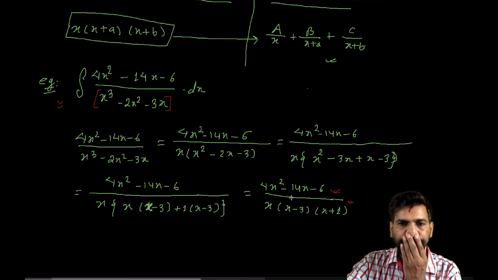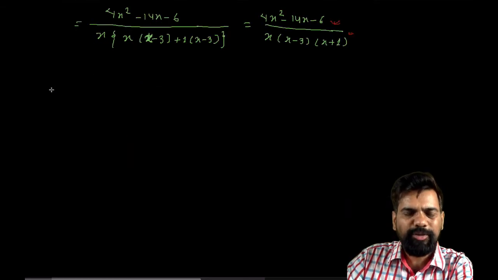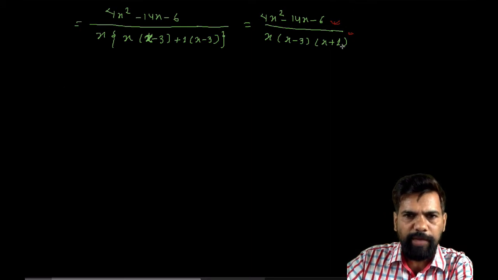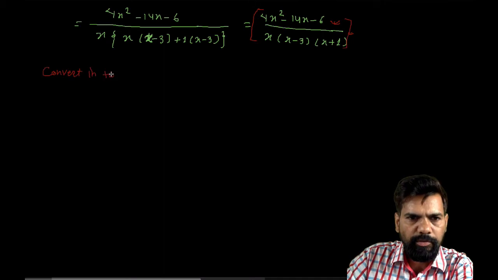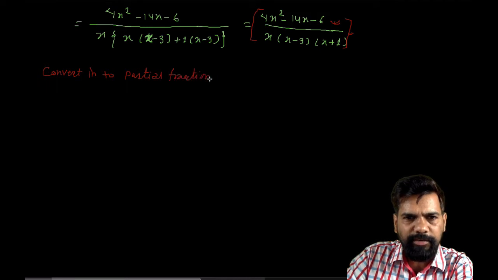Now the second process is I have to reduce this term into partial fractions. Convert into partial fractions. What is that?